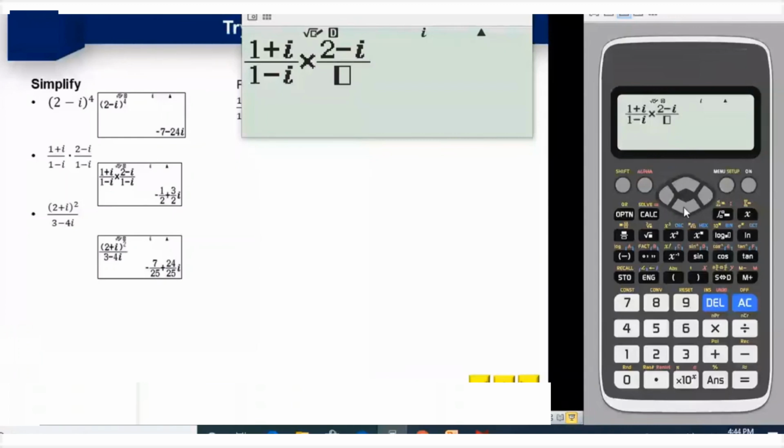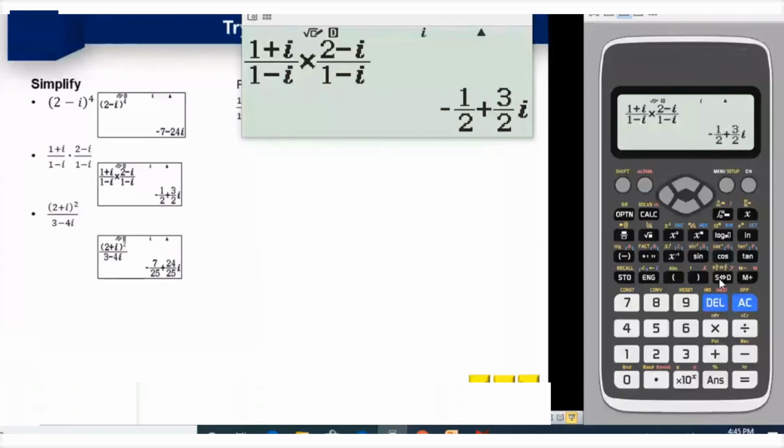And I will press equals to, and I got minus half plus 3 upon 2 iota, which is also minus 0.5 plus 1.5 iota. This SD button will help you convert from fraction to decimal and decimal to fraction. I hope this is correct also.